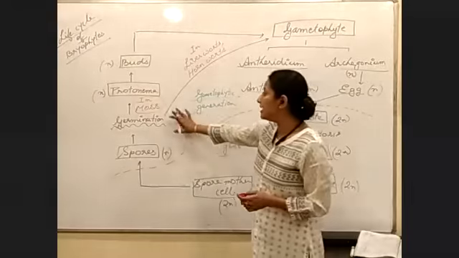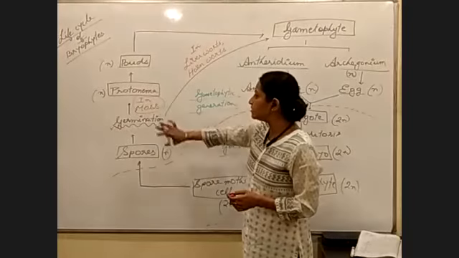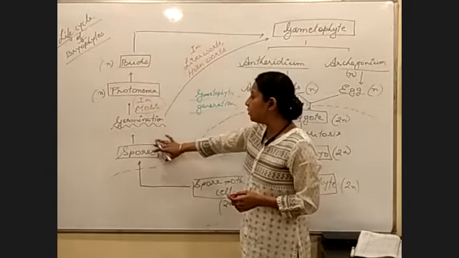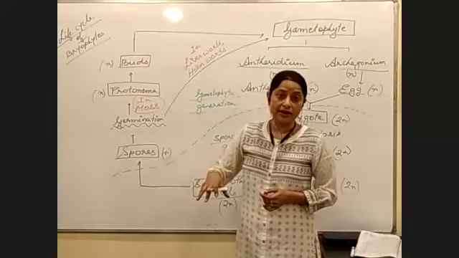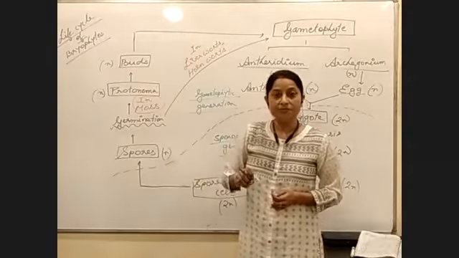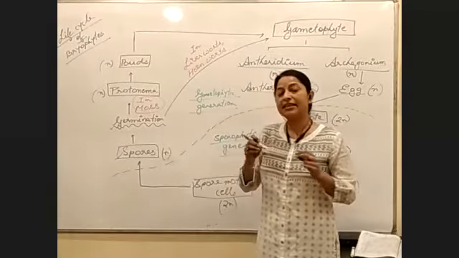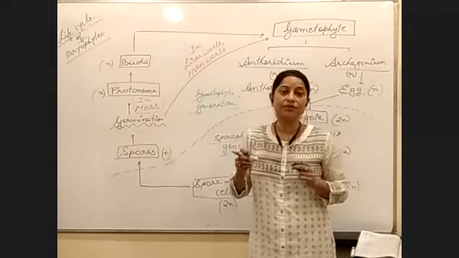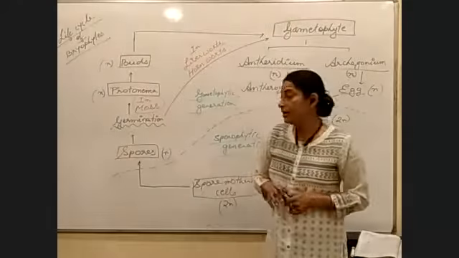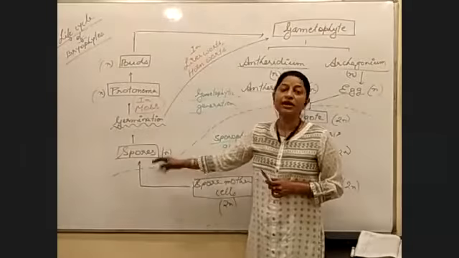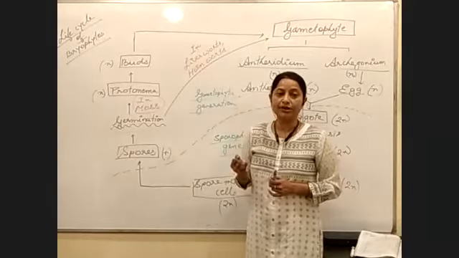So in case of higher bryophytes, especially in case of moss, once the spore falls to the ground, the spore germinates and ultimately it forms a multicellular filament-like structure. Coming to spore, what is spore? Unicellular, first point.